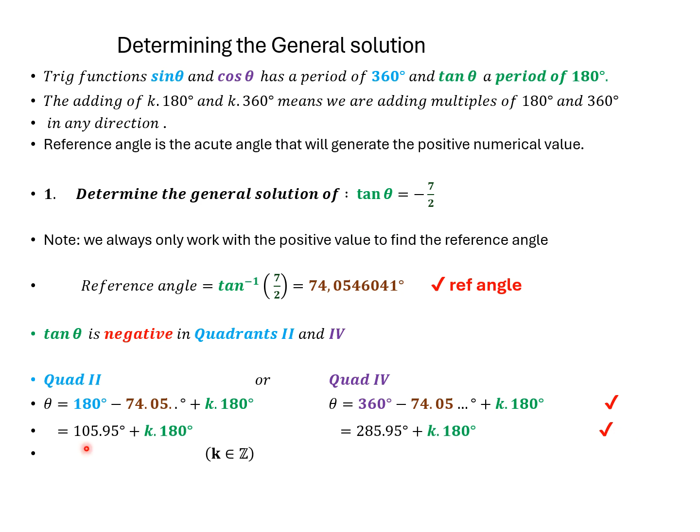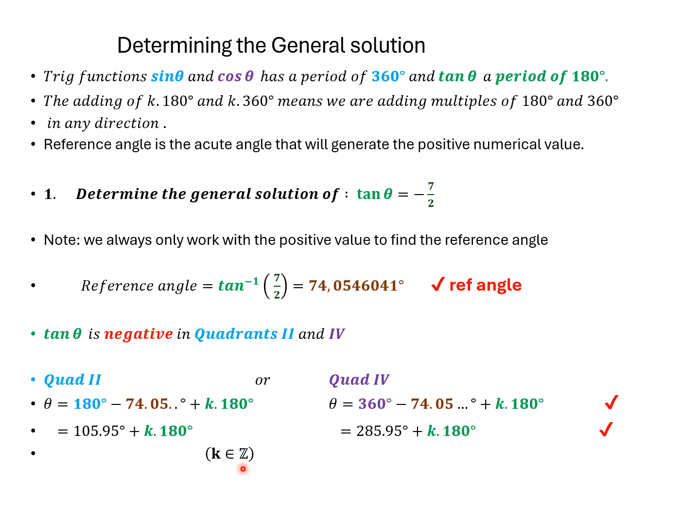Another mark for simplifying, so 180 minus 74,05. Right, that would give me 105,95 plus k times 180. 360 minus 74,05 gives me 285,95 plus k times 180, and I have to specify compulsory k is the element of integers.